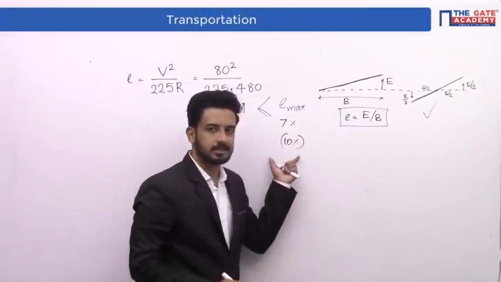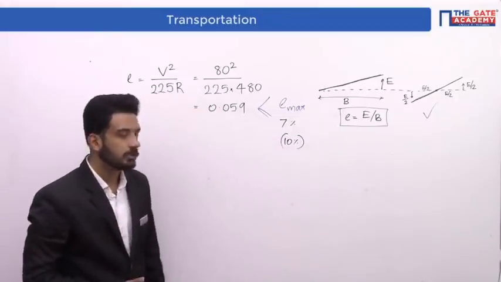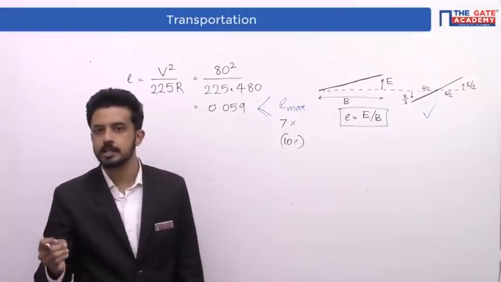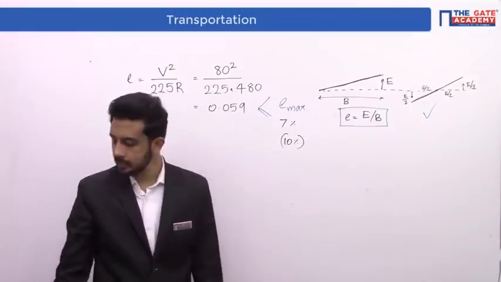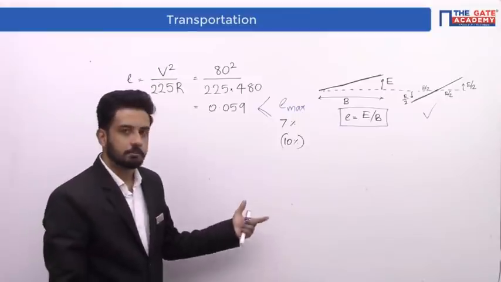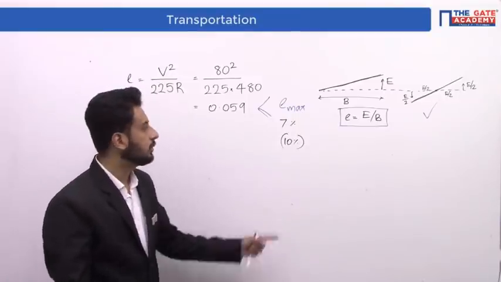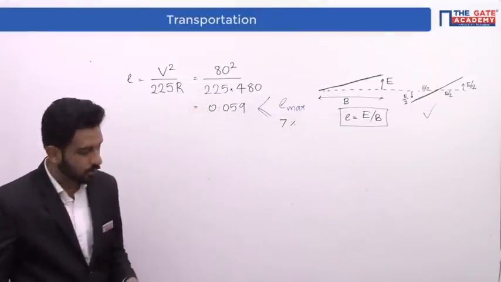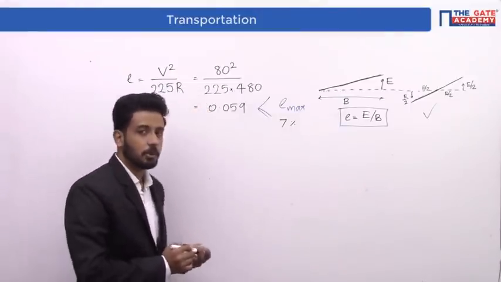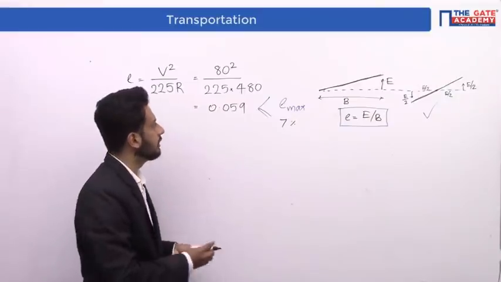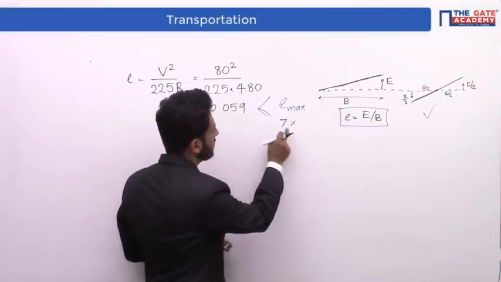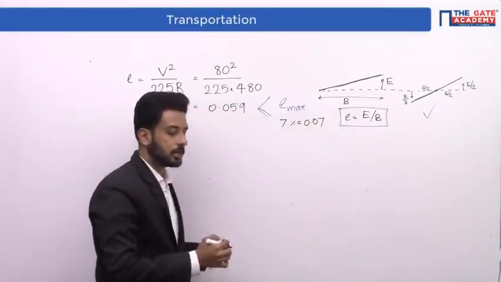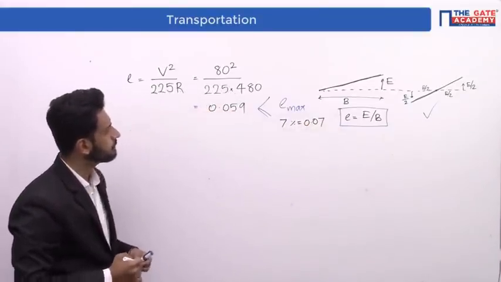Okay, take this knowledge. So the Emax value is 7%, and I have to check whether I am obeying this rule or not. This is in fraction, so 7% means 0.07.